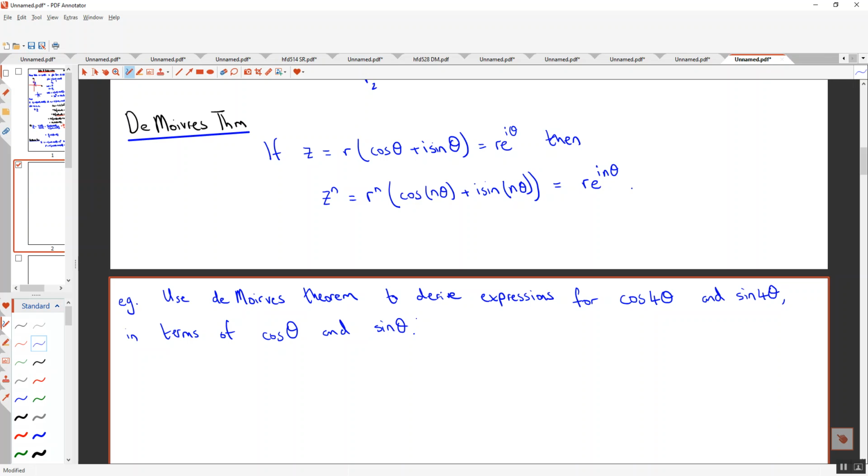Okay, so what we want is an expression for cos of 4 theta in terms of cos theta and sine theta, and then the same for sine of 4 theta.